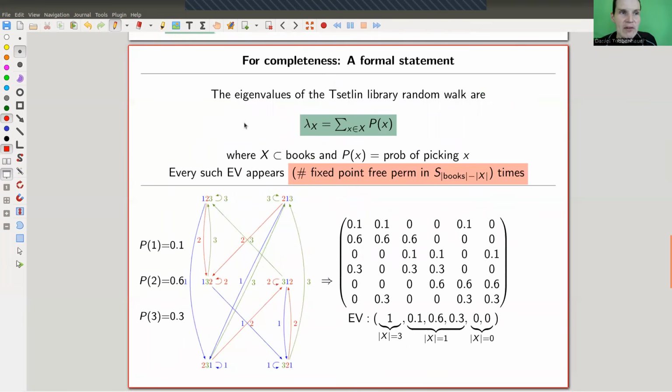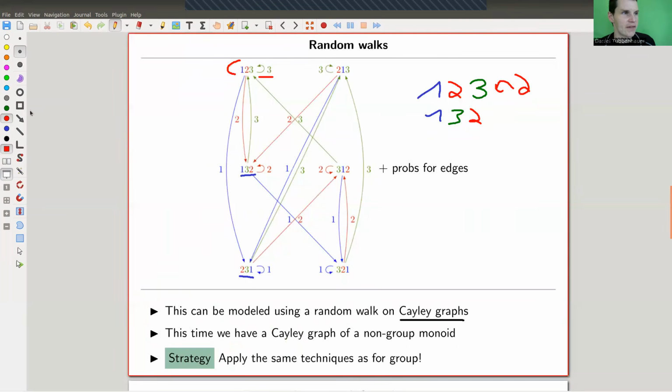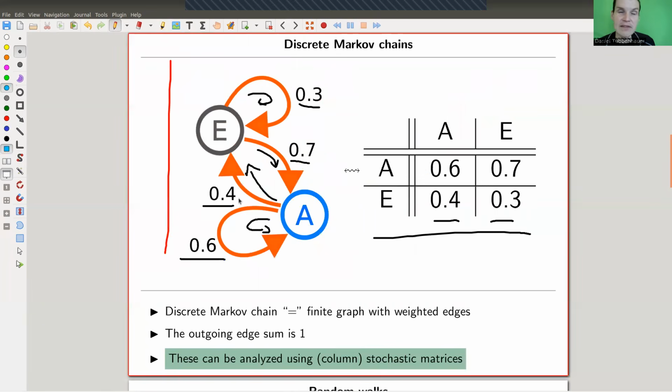So the eigenvalues of the Tsetlin library random walk, which is really just a random walk on this graph, and now you would weight the edges by the probability. So you could actually do that like the frequency a book is used in this example. You could weight everything equally or whatever, but it should be a probability in this sense. So the sum of outgoing edges should be 1.